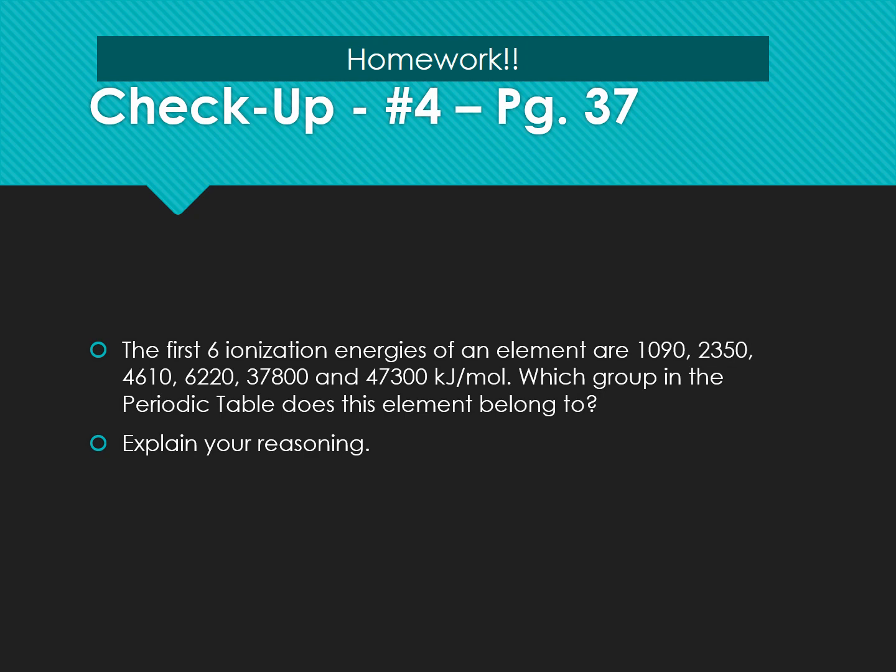So what group on the periodic table does this element belong to? And then explain your reasoning. They are very picky on their reasoning, so you want to make sure you explain it very well with the correct vocabulary.